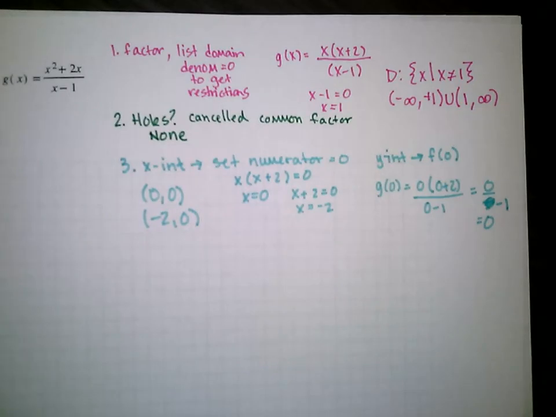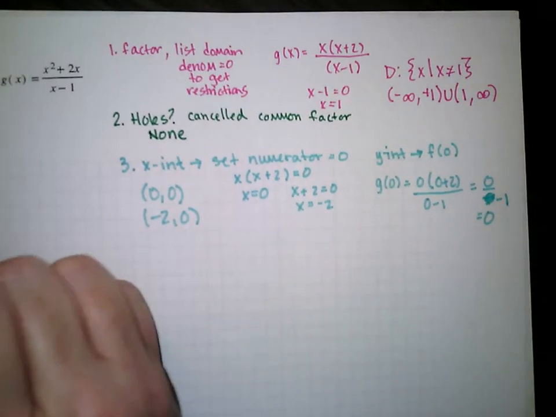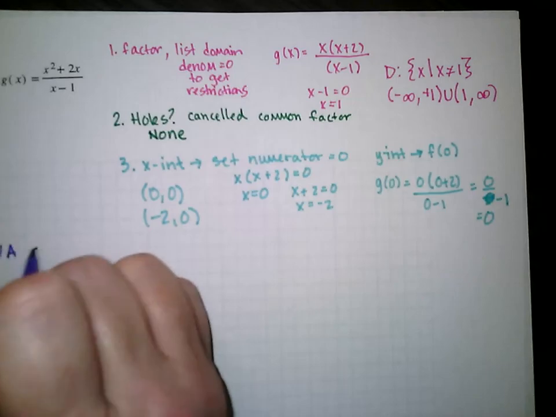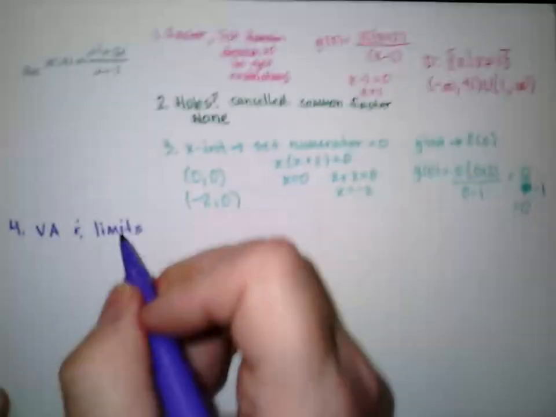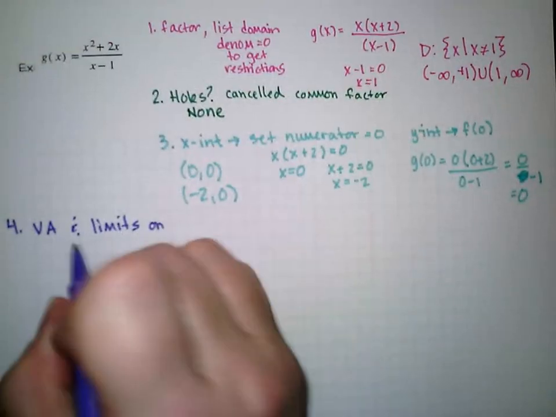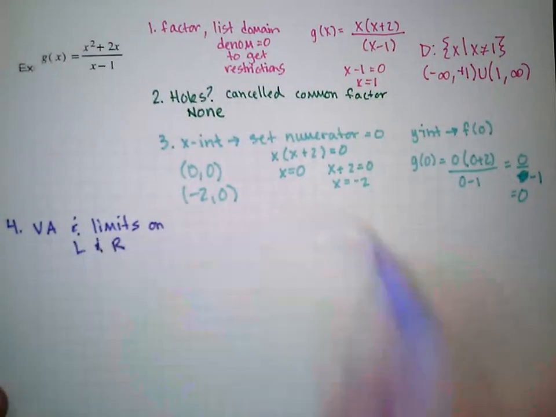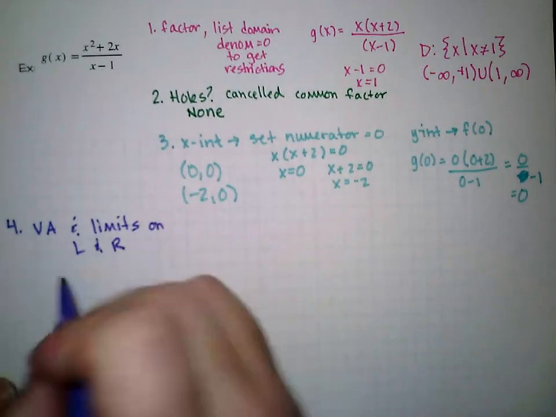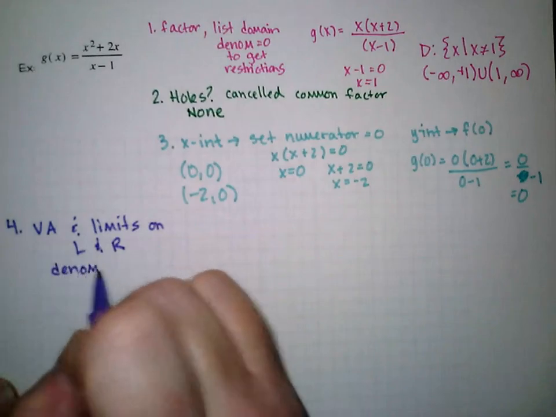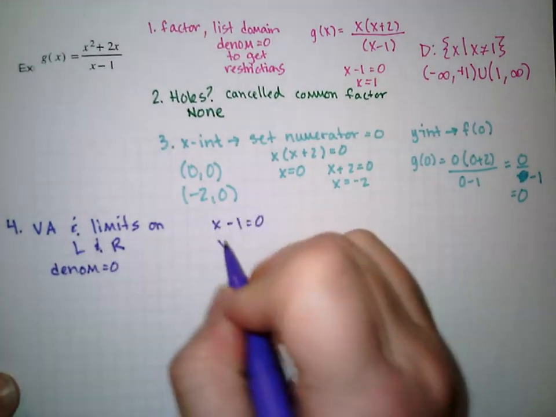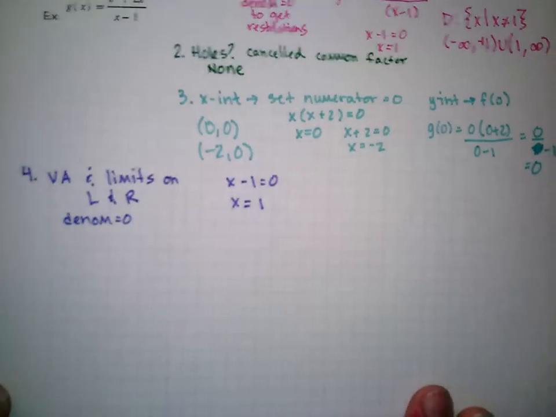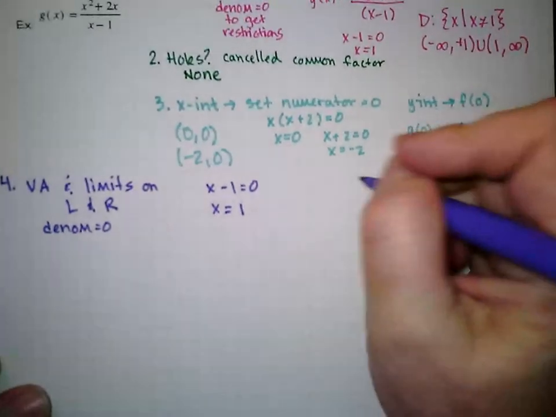Next up was the vertical asymptote and limits on both sides. So to find the vertical asymptote, we set the denominator equal to 0. So we've got x minus 1 equals 0, which gives me x equals 1 for my vertical asymptote.